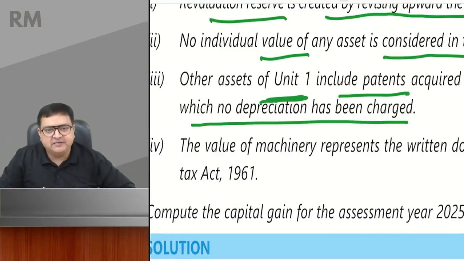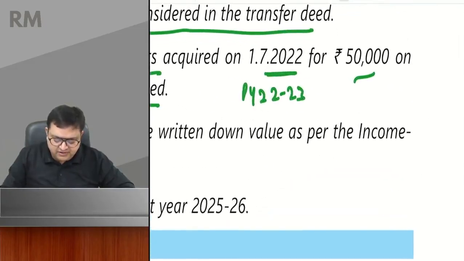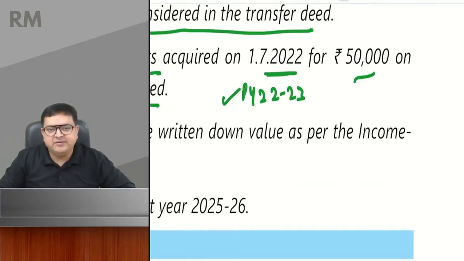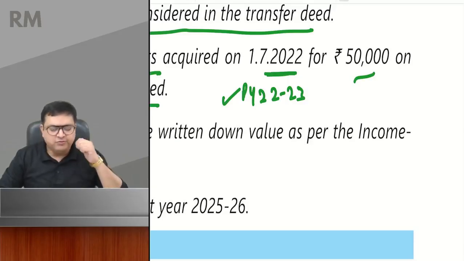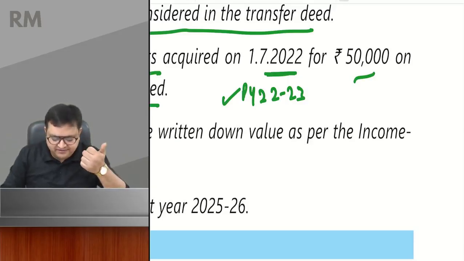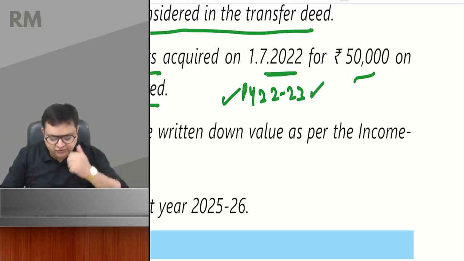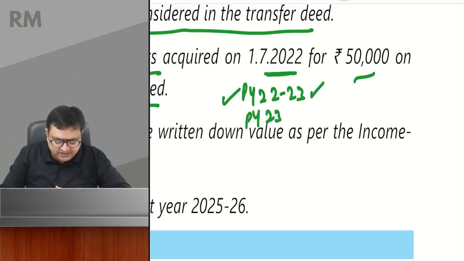Guys, it's a depreciable asset, intangible assets. Yes, patent is depreciated at 25%. And since you have purchased it in previous year 22-23, very good, Aditya, 25% is the rate of depreciation also on intangible assets. You should have charged depreciation in that year, and in previous year 23-24 also.